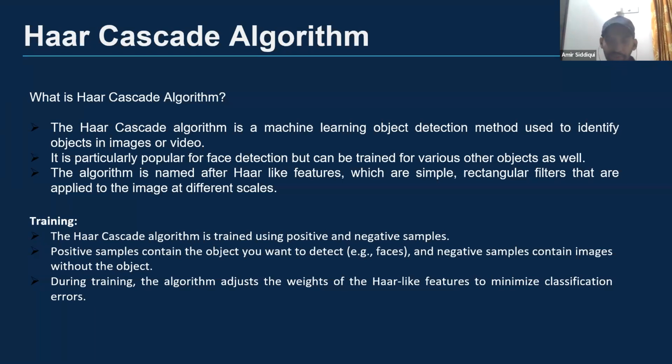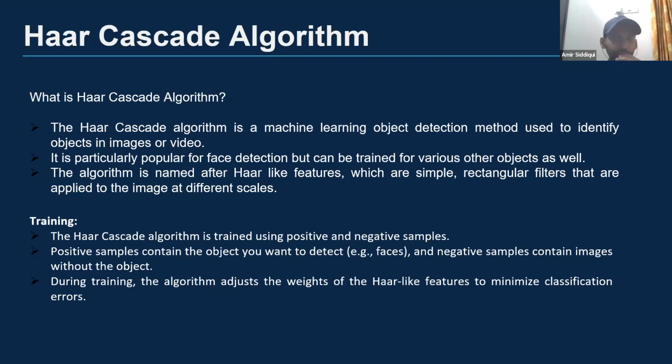Let's say we are passing an image here, an image of a person. It will create two pictures, one negative and one positive. In the negative, we will have a different picture that is not similar to our image. And in the positive one, we will have the picture of our image itself.